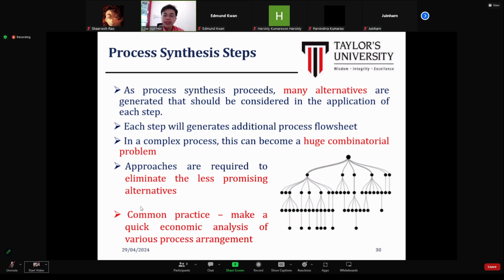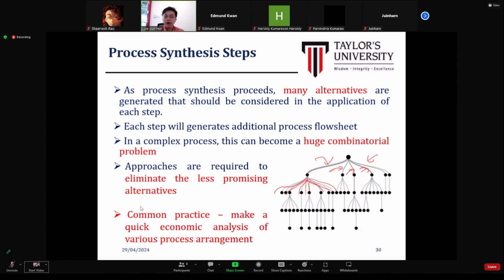So as I told you just now, under each different possible technology and process you are going to apply, since that involves the use of different unit operations, and the sequence in which we connect the unit operations can be different, each possible chemical process can come up with a lot of different possible arrangements for the unit operations.